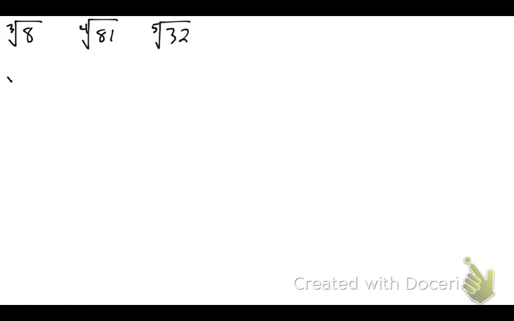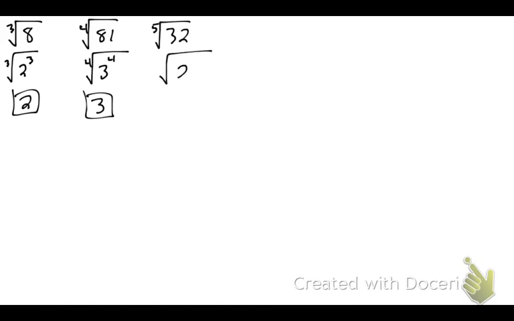Well, since 8 is 2 cubed, then the cube root of 8 must just be 2. And since 81 is just 3 to the 4th, then the 4th root of 81 must be 3. And since 32 is 2 to the 5th, then the 5th root of 32 must just be 2.